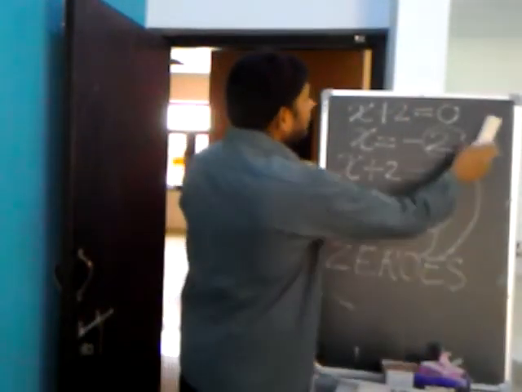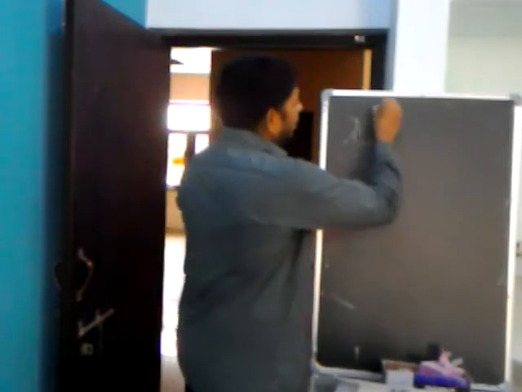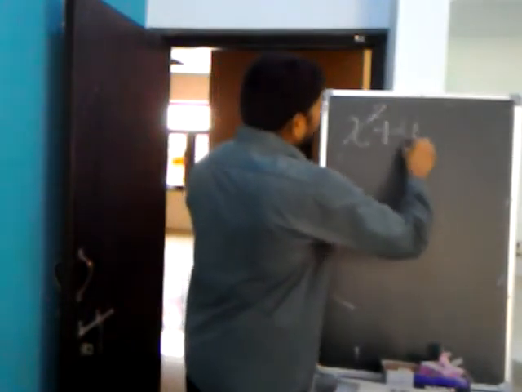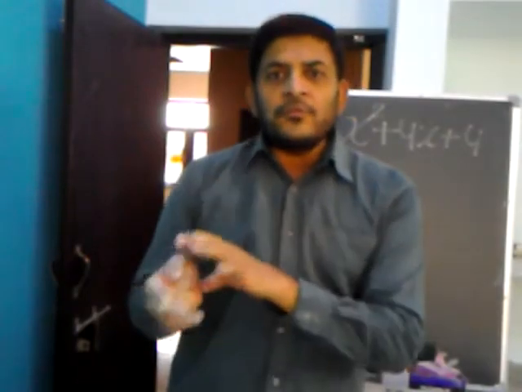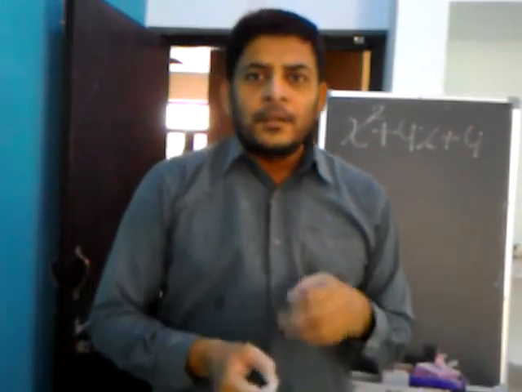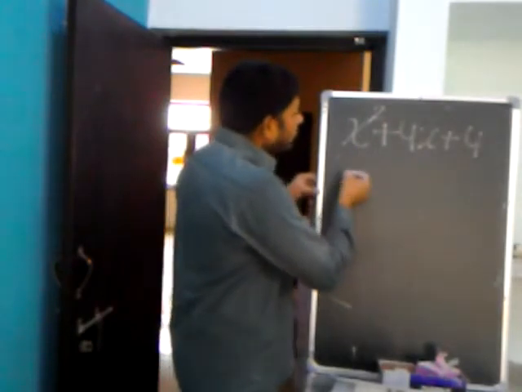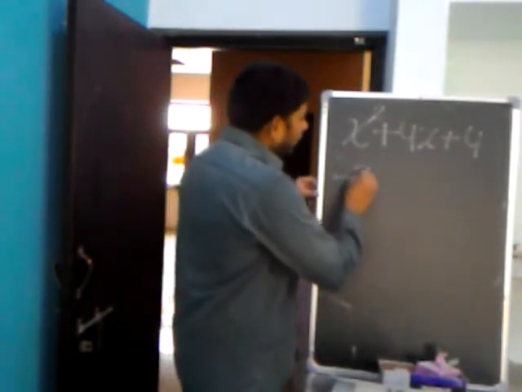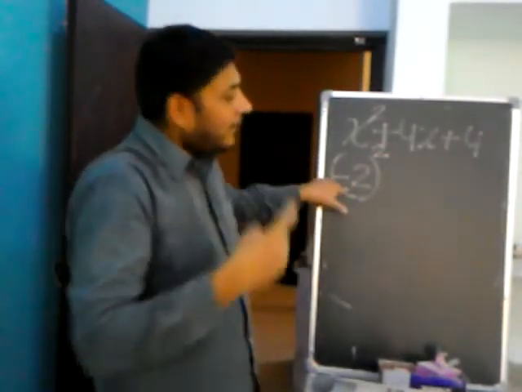Now what happens if I put this minus 2 in this polynomial, x square plus 4x plus 4. x is equal to minus 2, which means the value of x is minus 2. Now what will happen if I substitute minus 2 for x?